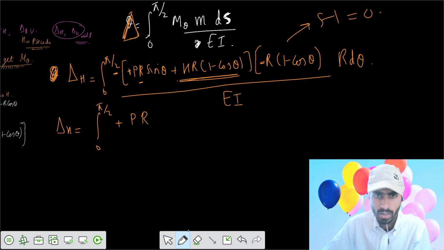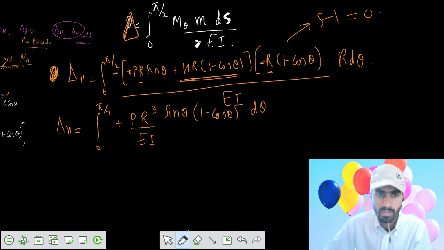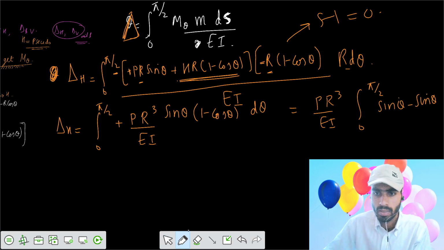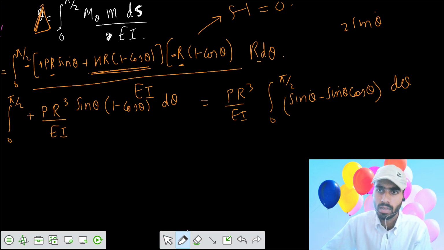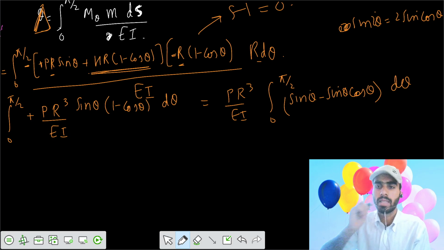R is 1 and 1, so it becomes P R cube sin theta times 1 minus cos theta d theta by EI. That equals P R cube by EI, integral 0 to pi by 2 of sin theta minus sin theta cos theta d theta. You know that sin 2 theta equals 2 sin theta cos theta, so we have that result.